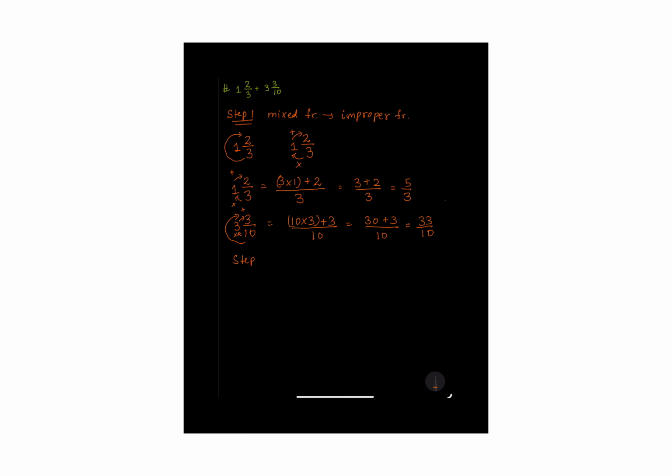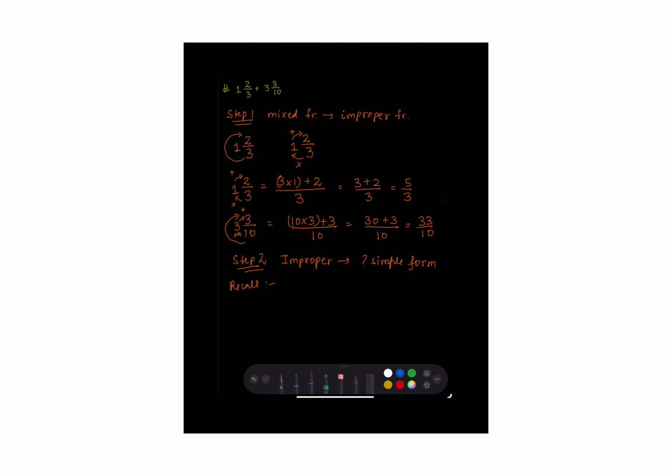Step 2 is to see that the improper fractions which we have got, are they in simple form? So let's recall what simple form is. Simple form is basically when the HCF of the numerator and denominator of your given fraction is 1.